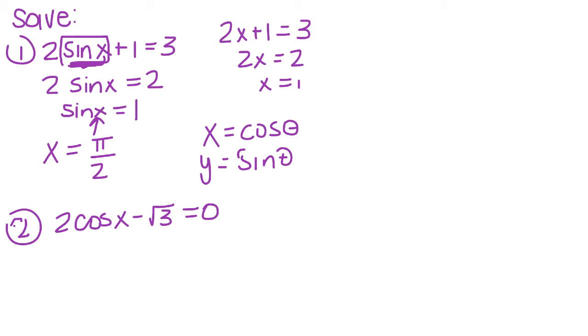No calculator, don't need it. What's going to be the first thing you do? Add root 3 over, so we have 2 cosine x equals the square root of 3. Divide both sides by 2, so cosine of x is root 3 over 2.